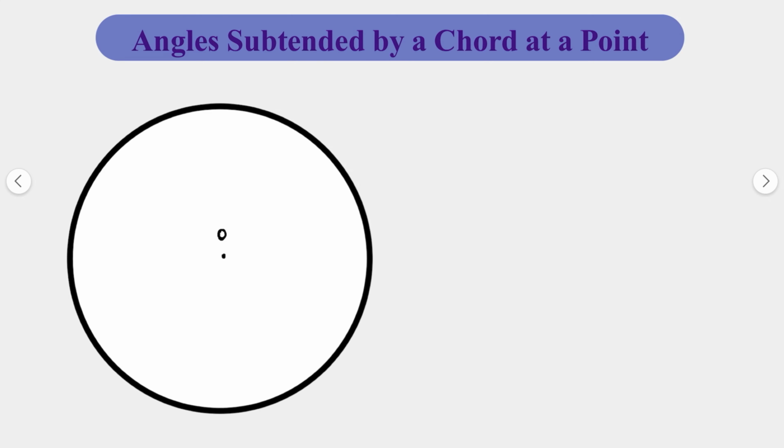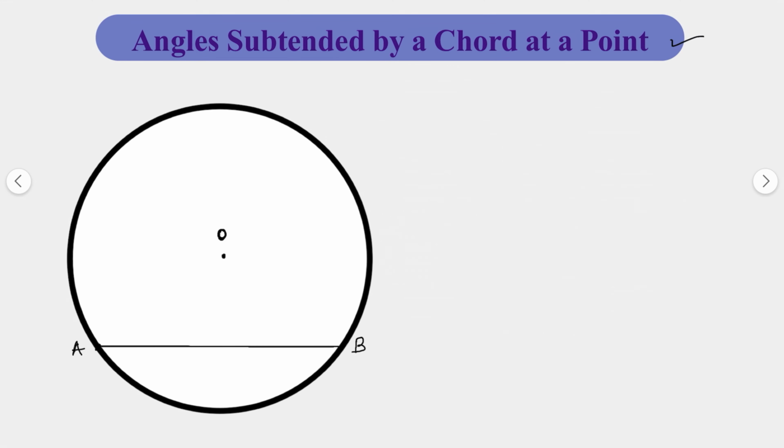Suppose we have a circle with center O and we draw a chord in this circle. Let's name a point A here and a point B here. Once we join these 2 points, we get a chord AB for this circle.